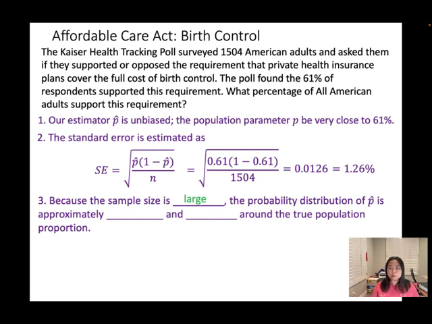And also, the population size has to be 10 times the sample size. So for sure, we have more than 15,040 Americans in the population. So we can apply the central limit theorem, so it is approximately normal. That would be a normal distribution, symmetric, or you could say centered around the true population proportion.